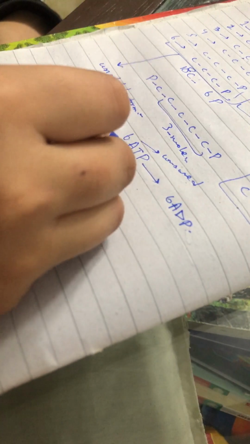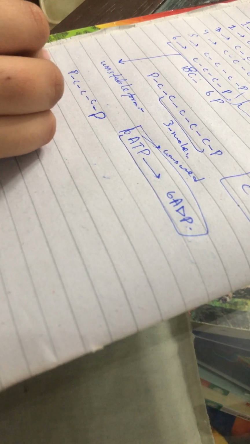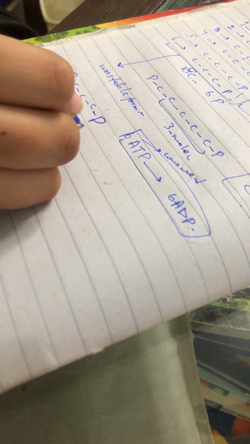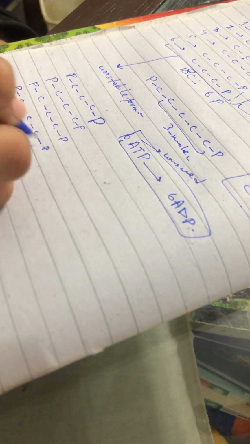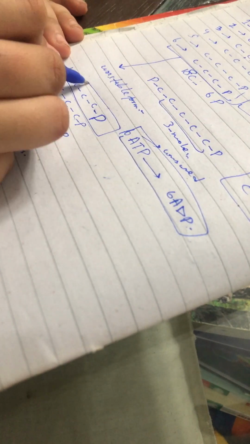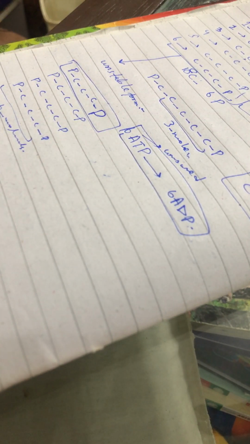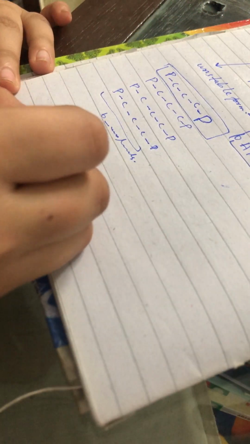So we use 6 ATP, which converts to 6 ADP, and we get 6 molecules. What is the name of these molecules? The molecule having 2 phosphates is called 1,3-phosphoglycerate.